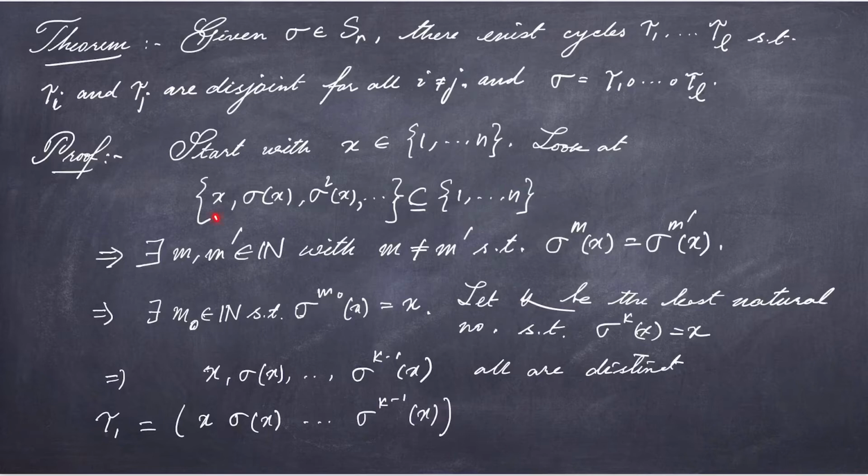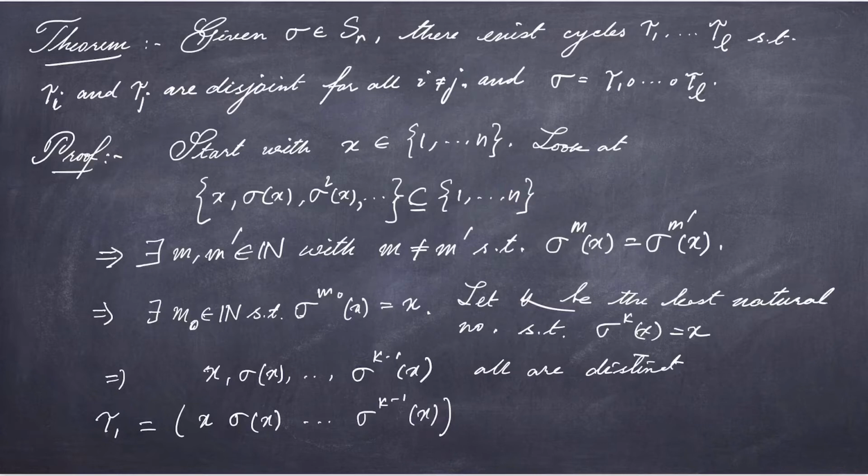So x, sigma x, sigma square x, and so on. This is a subset of 1 up to n, so this set cannot be infinite. In particular, since this set is finite, we have m and m prime, different, such that sigma to the power m x and sigma to the power m prime x are the same.